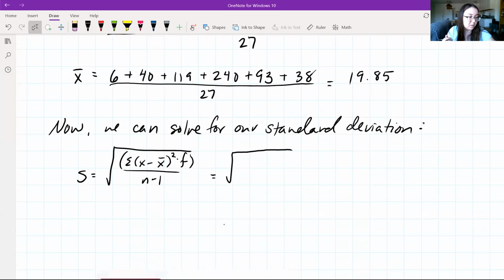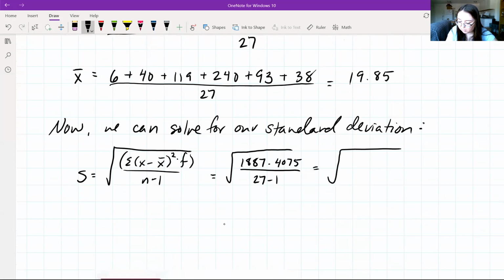We know that this is going to be the square root of 1,887.4075 divided by 27 minus 1. So we simplify this just a little bit. We know this is going to be dividing by 26.